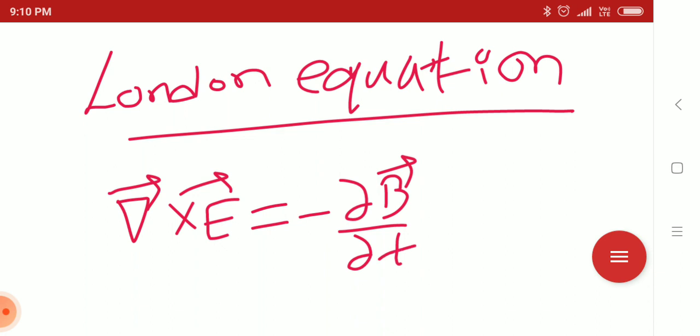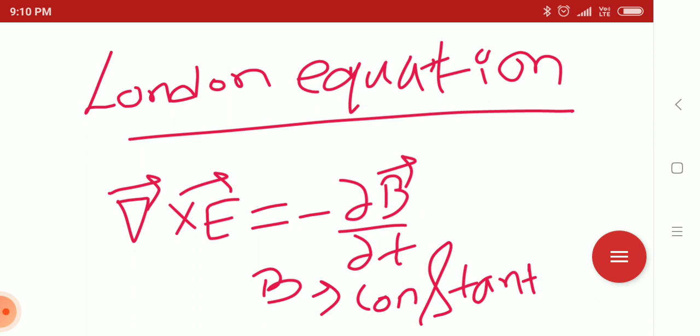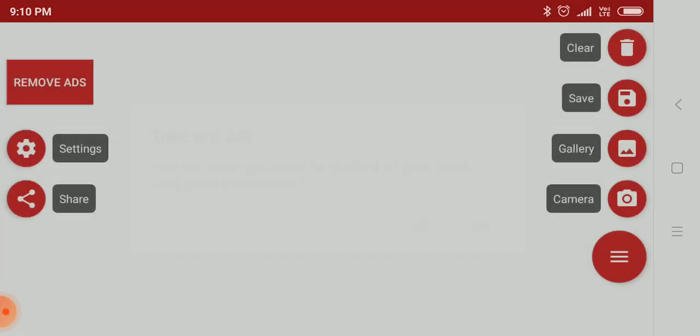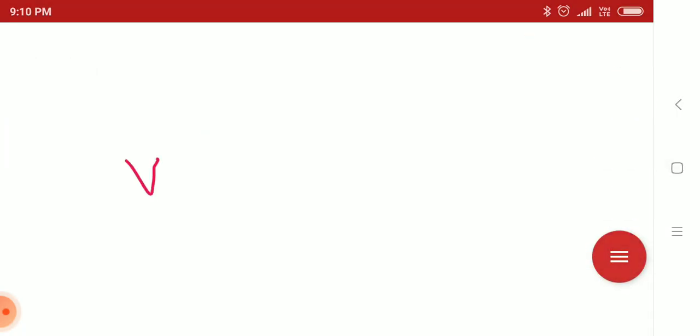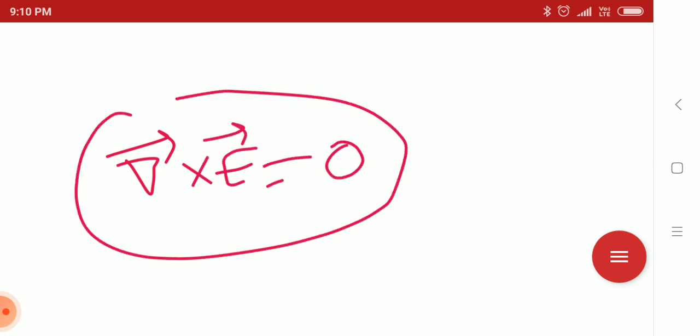Suppose B is constant. What will happen here? Whenever B is constant, then curl of E equals 0.